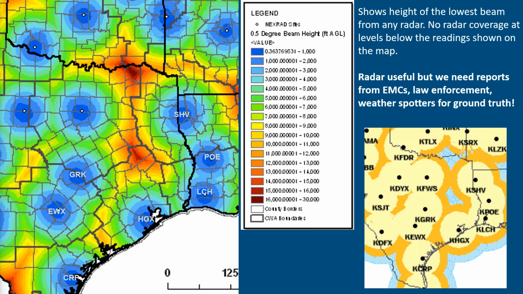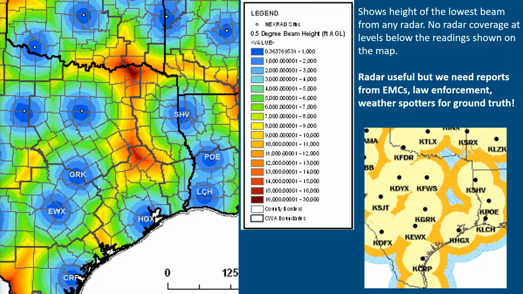So there we have more of an issue, really. If you look at Houston County, Trinity County, and Polk County, there is not as much low-level coverage from these radars.